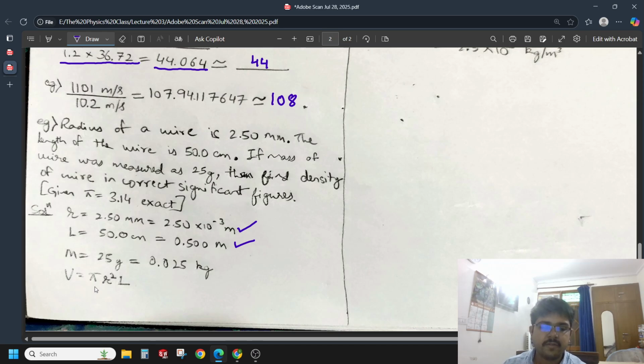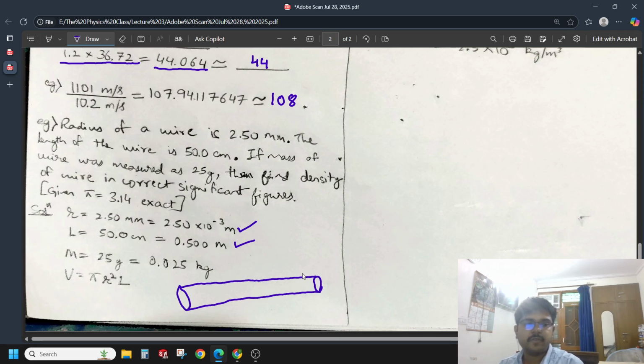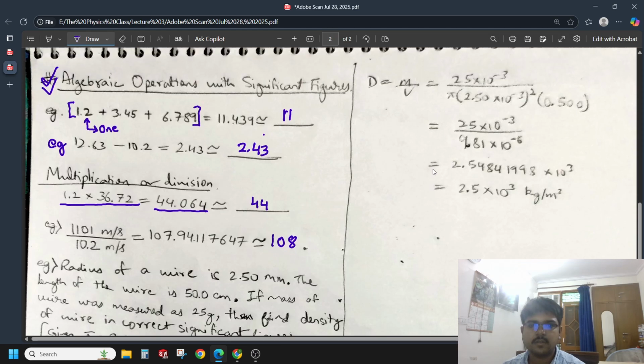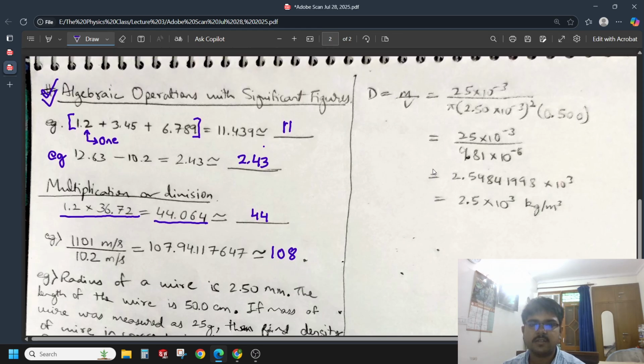The formula for volume is pi r square L. Because it is a wire, I'll make a wire here, like this structure. So this is the wire for which we are measuring the density. So the formula for density is equal to mass by volume.